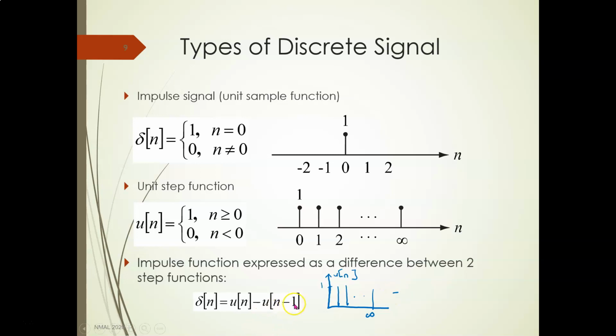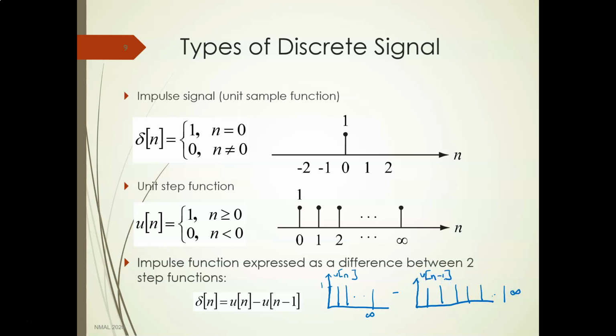This is a unit step function which has been shifted by 1, so it starts from 1 and goes on up until infinity. So this is u[n minus 1].